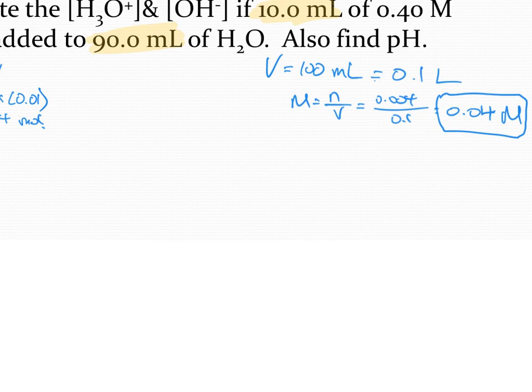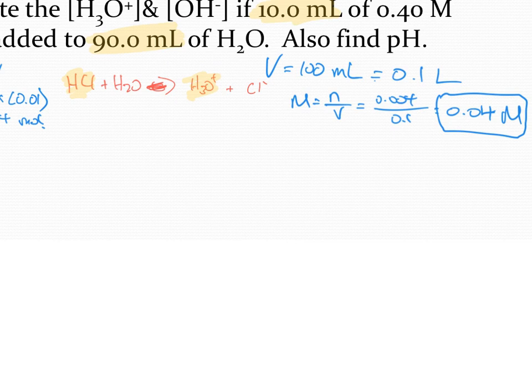If we have hydrochloric acid and we add it to water, what we end up getting is the hydronium ion, and we also get the chloride ion. The key thing to look at here is it is a 1-to-1 molar ratio between the hydrochloric acid and the hydronium ions.